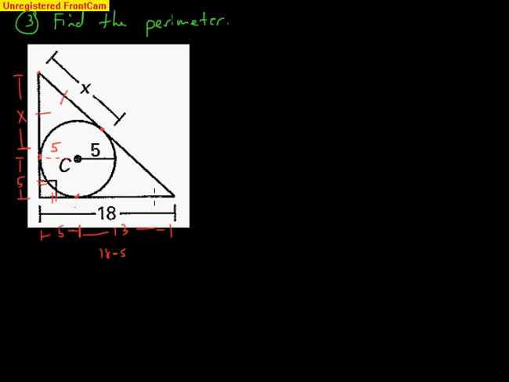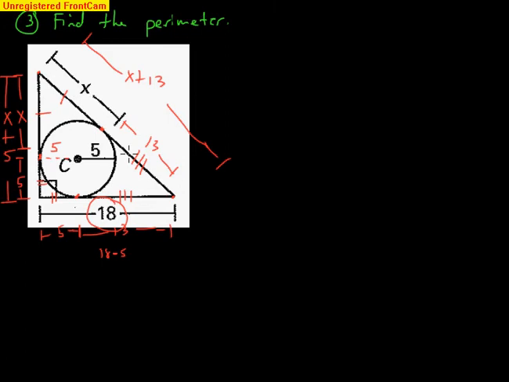And again, tangents from a common exterior point. This is congruent to that. So this right here is 13. So now our side lengths for this right triangle, which we want to find the perimeter of, because I don't know x yet, are x plus 13, all the way down, 18, and then this, I'm going to write it vertically, is x plus 5.